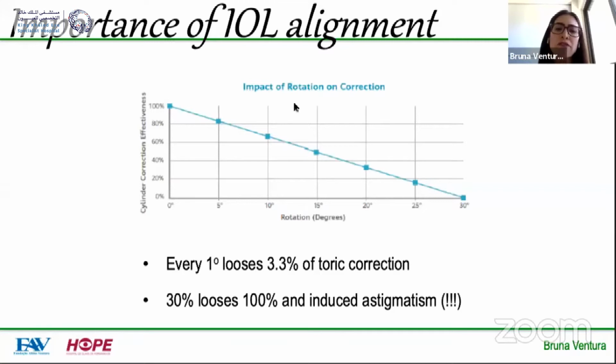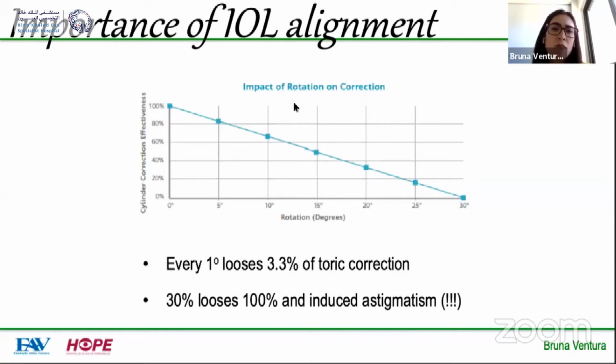So if we have 30 degrees of a lens misaligned, it doesn't mean that we're going to have zero amount of corneal astigmatism compensated. You're going to have the amount of astigmatism that should be compensated flipped in another axis that the patient isn't used to. So this is really a result that we don't want to have.